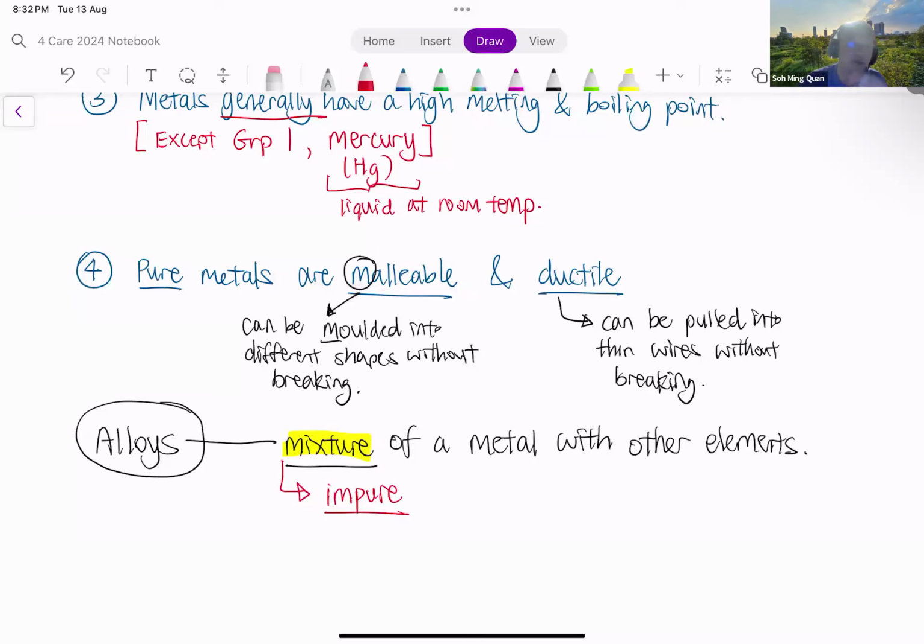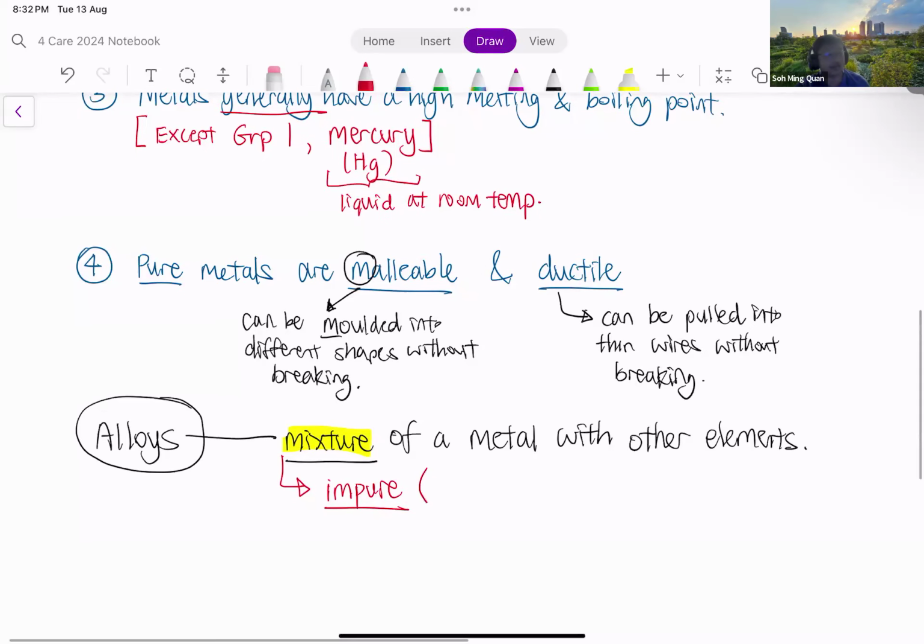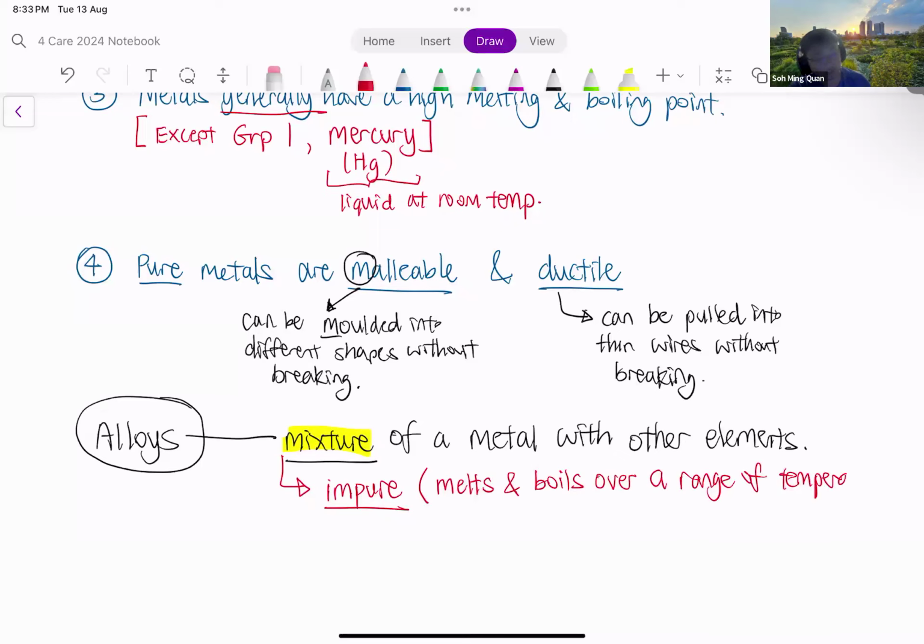To prove whether something is pure or impure, we look at its melting and boiling point. So we realize that for alloys, they will melt and boil over a range of temperatures. That means if you were to try to melt an alloy, it may start melting at 1000 degrees and continue melting until 1050 degrees.